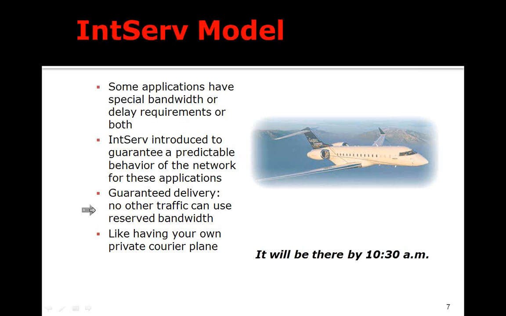Even if there's no voice packet being sent at that particular moment, I am withholding that bandwidth and no one else can use it. So again, it's like having your own private plane. You put your information on that private plane and send it, and we know it's going to get to the other side because it's our plane.